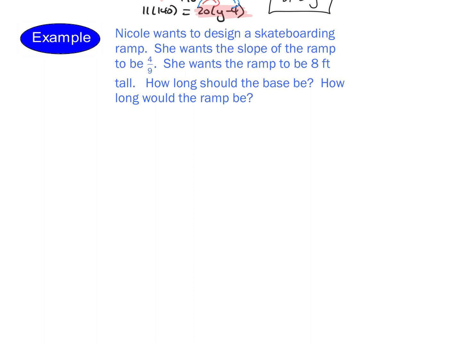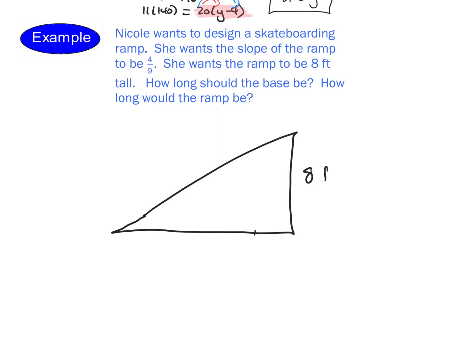So let's draw a picture. Here's our ramp. Ooh, that's kind of goofy. Okay, that's better. Now, we know that this is going to be 8 feet tall. We know that the slope is 4/9, which basically means this.